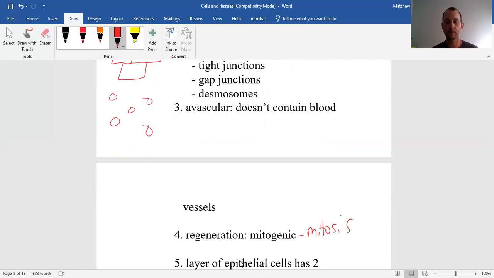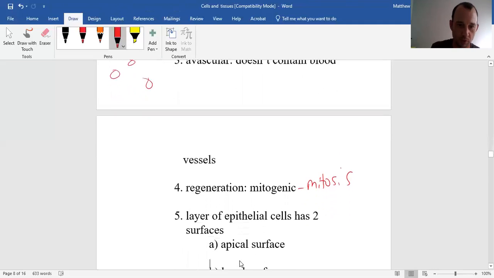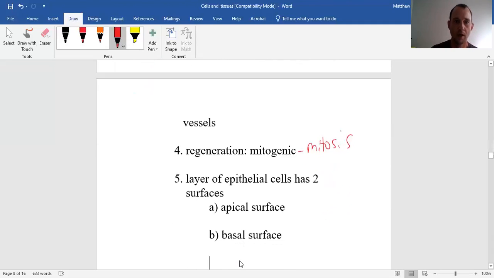Now, I'm going to do these next two parts for epithelial tissue and then kind of wrap up, but it links together this avascular with surfaces. An epithelial cell has two surfaces. There's an apical surface or an apical side and a basal surface or a basal side. And there's confusion a lot of times on students' part in regards to what this means.